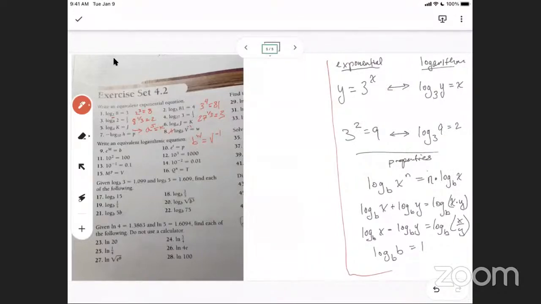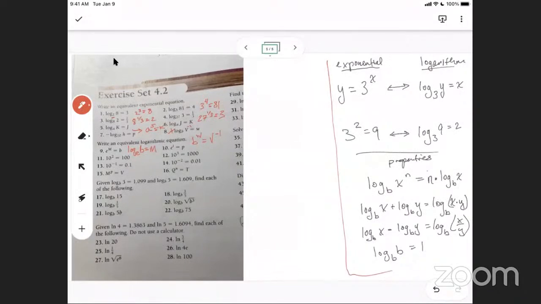Okay, so now the next section says write an equivalent log equation. So now what am I going to do? Instead of going from here to there, I go from exponent to log. So what's the log? It's log base e of b equals m.